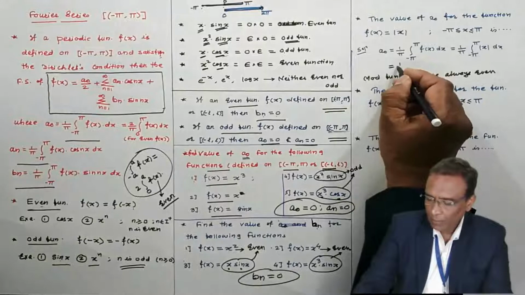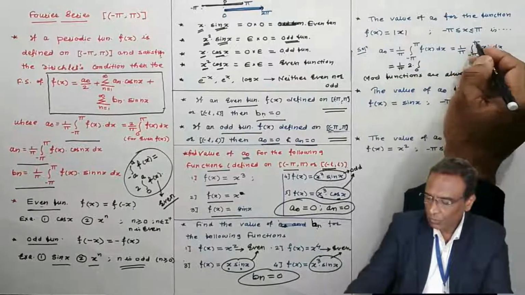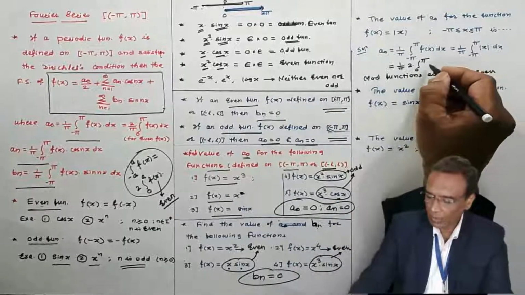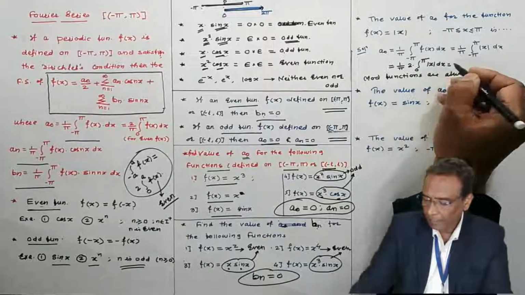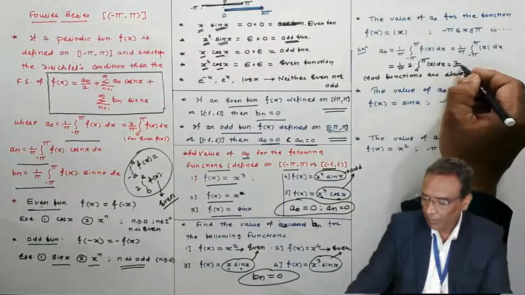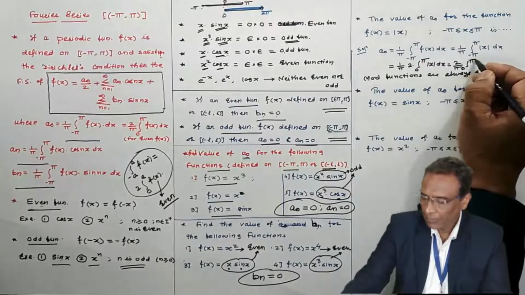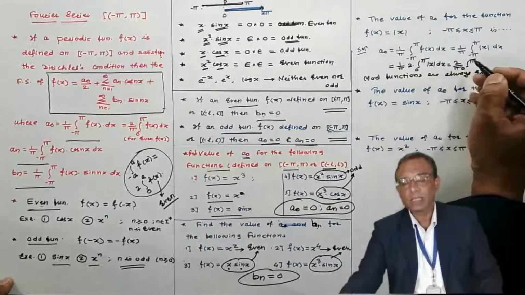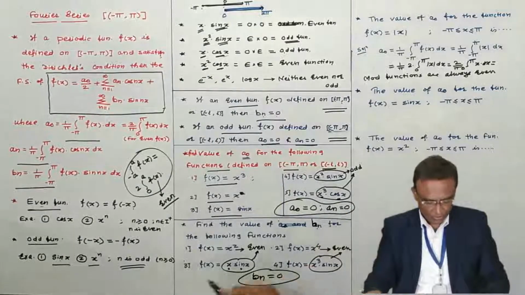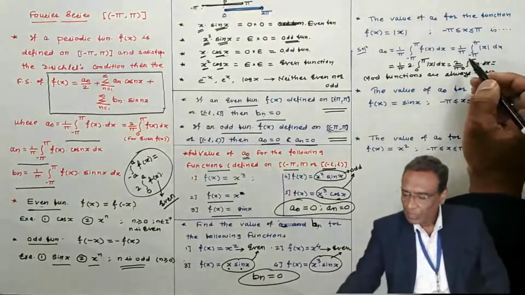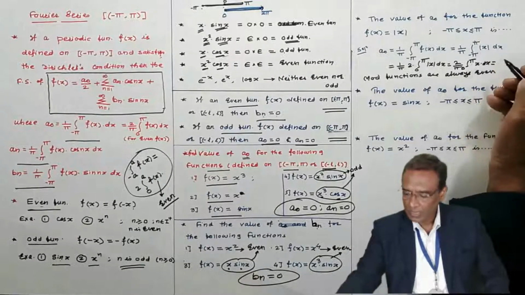Now 1 by pi, 2 times the integral from 0 to pi, using the definite integral formula, of mod x dx, which is 2 by pi, 0 to pi. See, for 0 to pi, mod x is x. Later on I will be telling you about the mod function. For the positive interval 0 to pi, mod x is x.